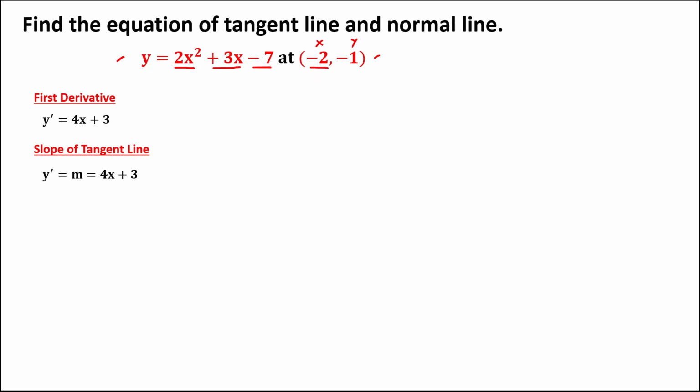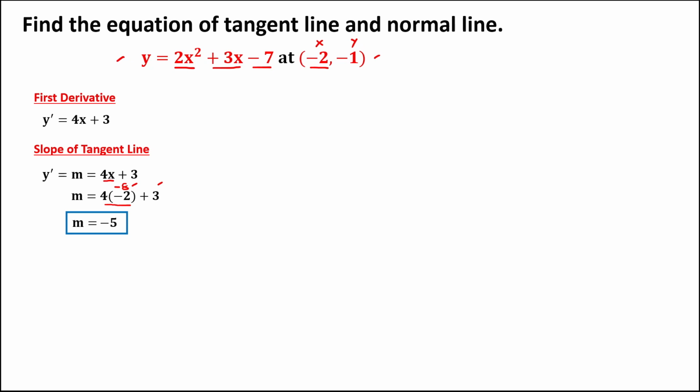To find the slope of the tangent line, we have 4 times x, and x is negative 2, then plus 3. To simplify, this is 4 times negative 2, which is negative 8, and negative 8 plus 3. So the slope is equal to negative 5.